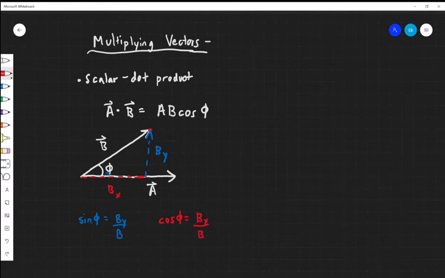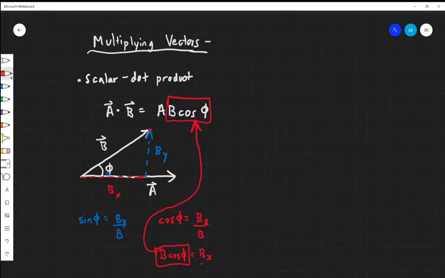And I can actually solve this for bx, and I'll see bx is equal to b times cosine of phi. And that looks familiar, right? This b cosine phi is right up here in the definition of the dot product. So that kind of gives us a clue as to what we're doing.